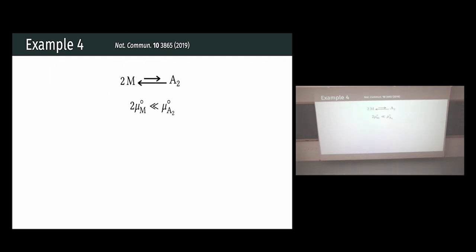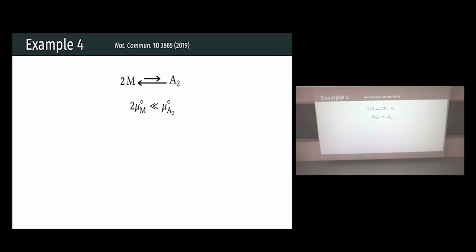So now imagine you're a chemist, and for your own personal reasons, you want to synthesize an assembled molecule starting from two monomers. However, the free energy of the assembled state is much higher than the standard chemical potential of the monomers.